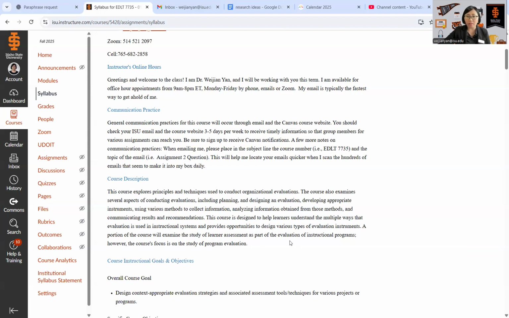If you have designed some instructional products before, maybe in an instructional design course or other courses, and if you'd like to evaluate it, it is okay. And if you have the data or you have the participants to collect the data from, later you can just develop it into a paper which can be published.